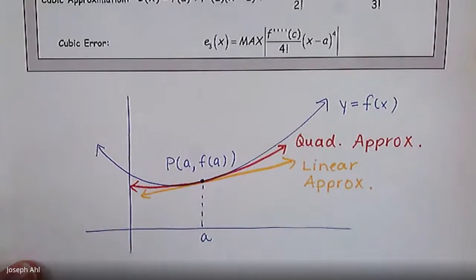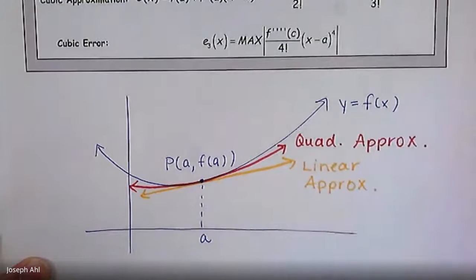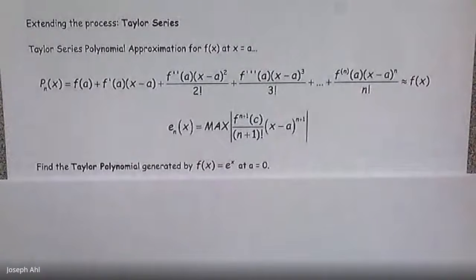But now that we've done with series, we can get even better than that. We can go to a cubic, a fourth degree, and beyond. And that's what the concept of a Taylor series is. So extending the process out further on the next page, that's what a Taylor series is all about.